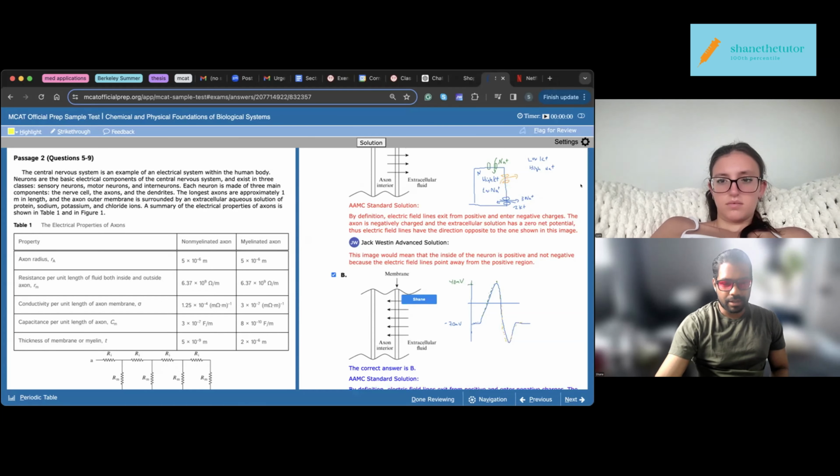It's larger because the trend is up and to the right for all those things, and then down and to the left for atomic radius.